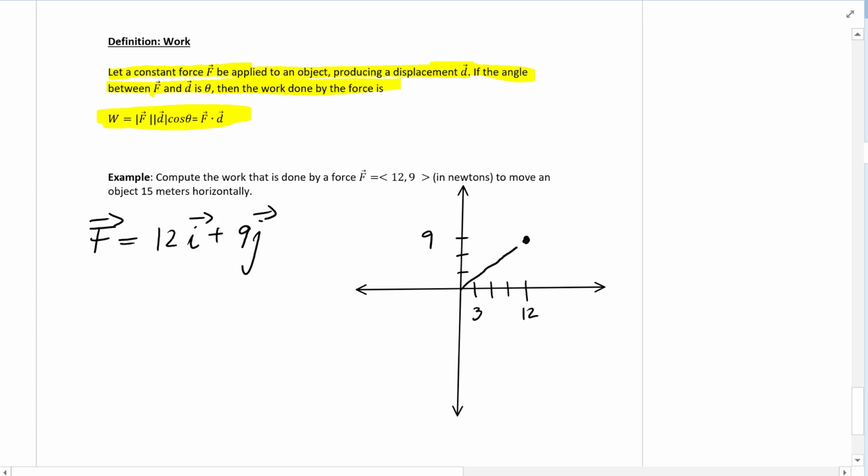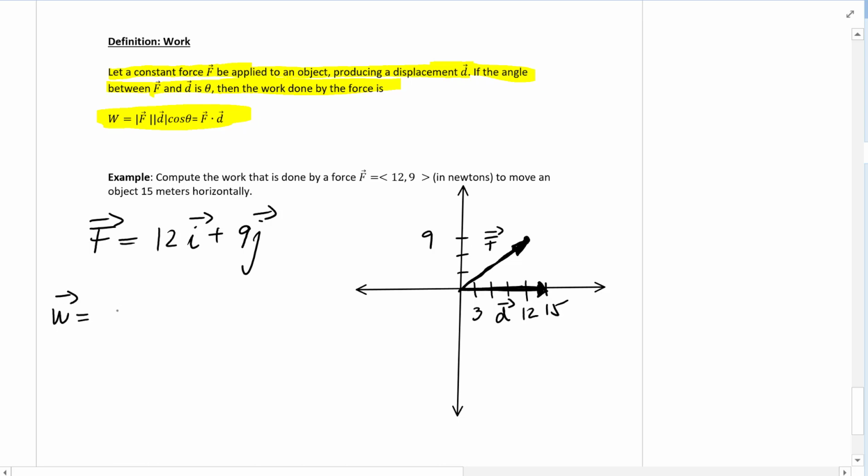So this would be the force. And we want to move the object 15 meters horizontally. So that means we go 15. This would be the d, the displacement vector, and this would be the force. So we want to find the work.